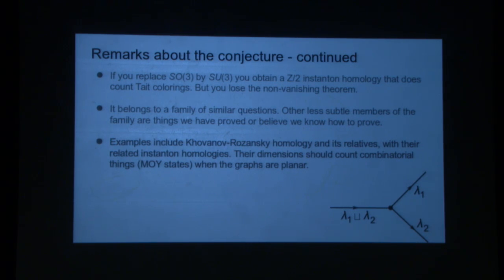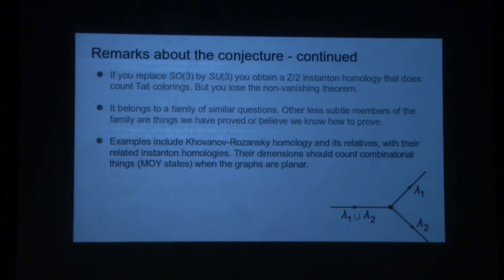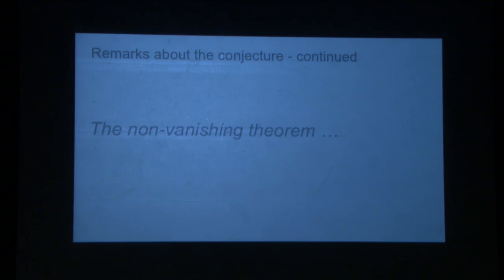There is an instanton homology which is well defined, but I don't know in all cases that it does count Moy states for planar graphs. But without getting into specifics, these are other things to convince you that the conjecture isn't isolated. It's part of a family of conjectures which makes sense.